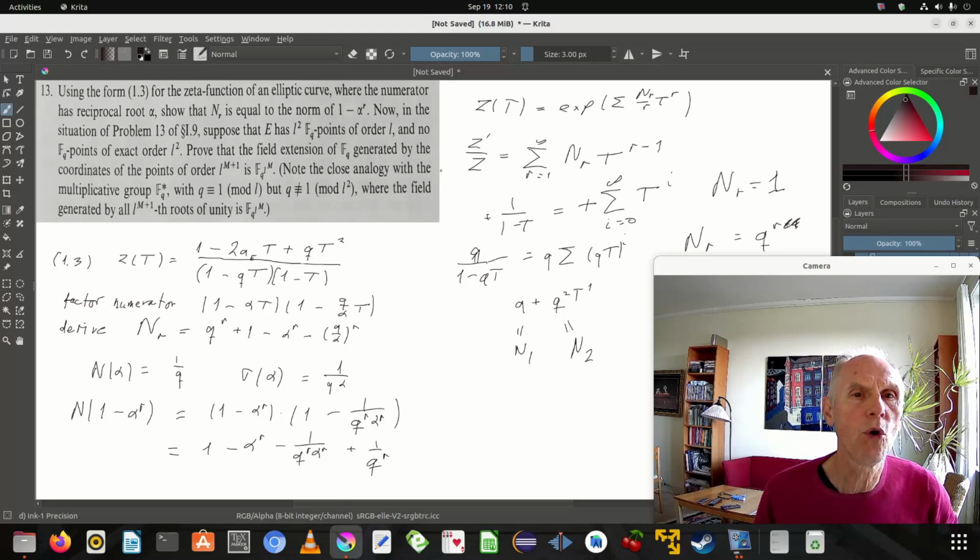Couldn't it be the norm of 1 minus alpha to minus rth? No, then we would get alpha to minus r here. So I must have made some mistake with the norm. That's very weird.